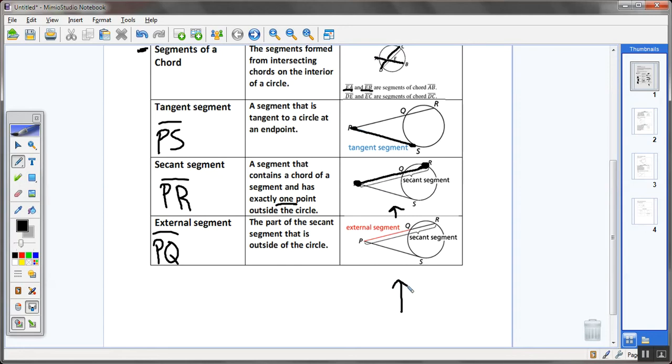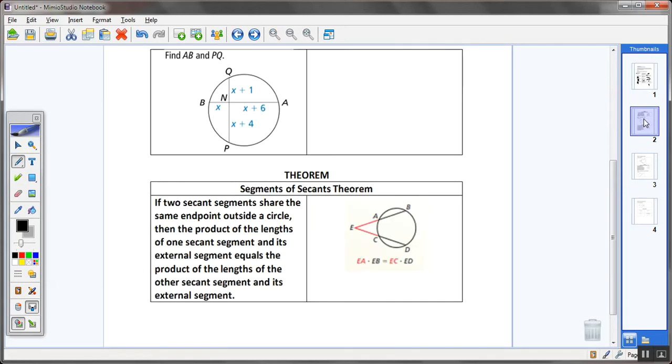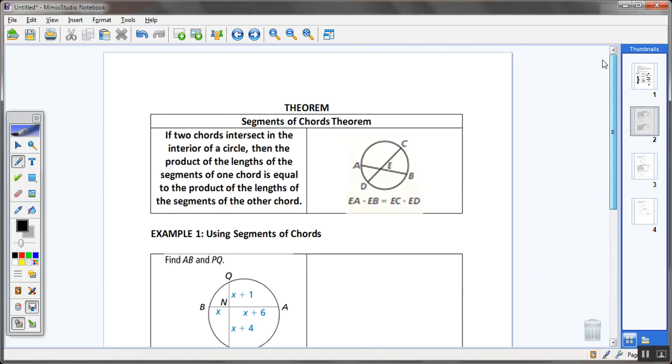So with all of that said, let's get into the core today. What are we trying to accomplish? First thing we're going to look at is a theorem called the Segments of Chords theorem. This simply states if two chords intersect in the interior of a circle, as you notice over here, two chords intersect inside the circle at E, then the product of the lengths of the segments of one chord is equal to the product of the lengths of the segments of the other chord.